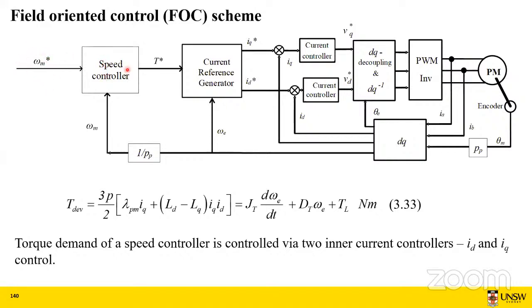And that goes to the speed controller, which could be a PI controller. If it is a feedback PI controller, we'll need a feedback signal, the speed. So that speed signal comes from the motor. How do you get this speed? Usually we have a position sensor which senses the rotor position theta. That rotor position is also required in our Park's transformation.